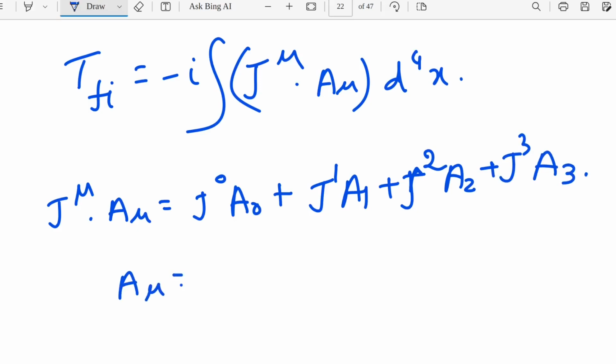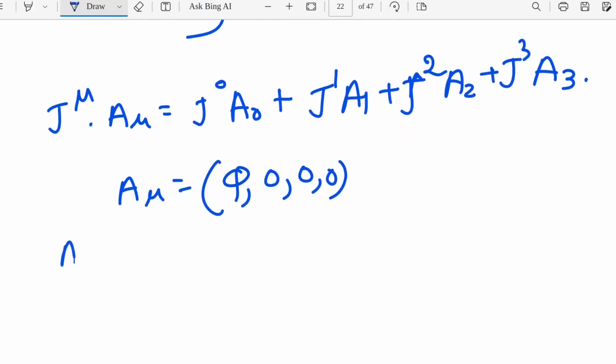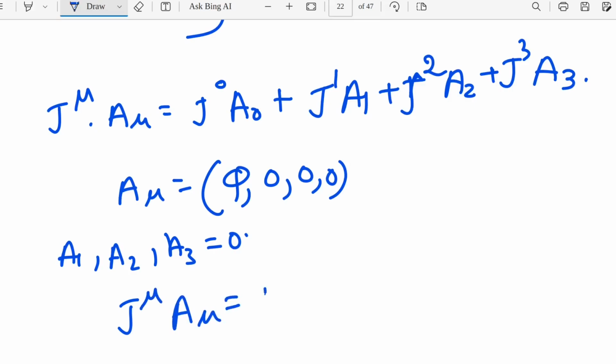Now in that A mu expression we got phi 0, 0, 0. So what about A1, A2, A3? These are all 0, right? So J mu A mu will be only J0 into phi, because the A0 term is phi.